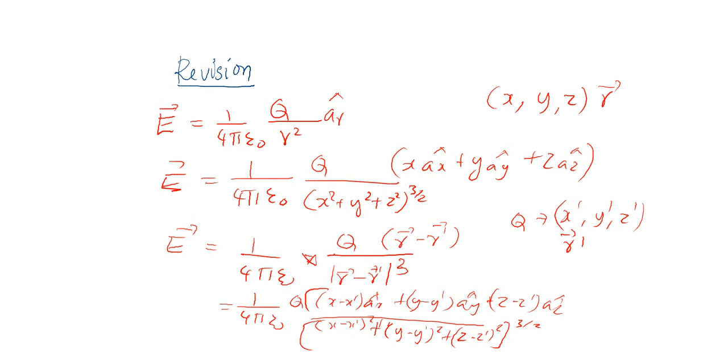So to the power 3 by 2 is like finding the square root first and then finding the cube. So these are the things we have studied in the last class.